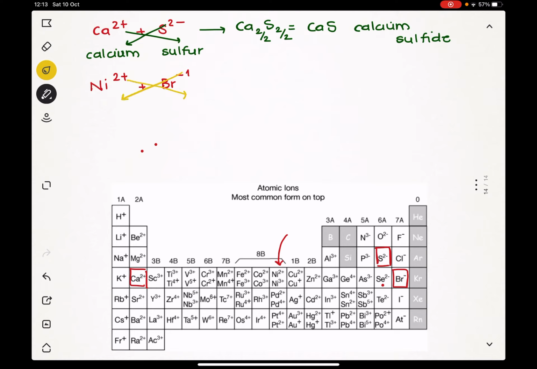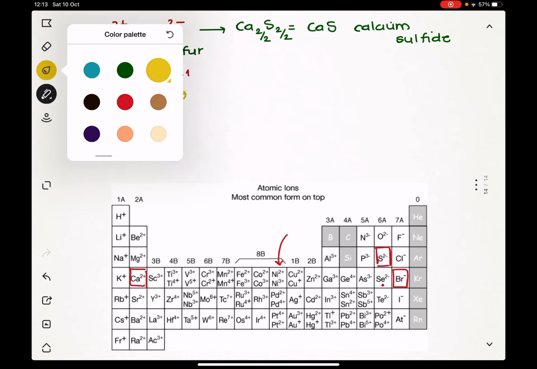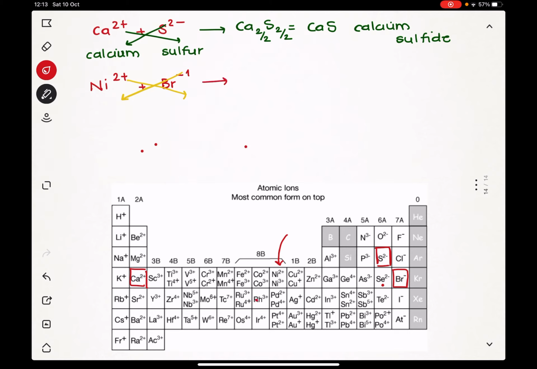I cross them, right? So in this case, I would have Ni1, Br2. I told you the 1, we do not put it. So NiBr2.